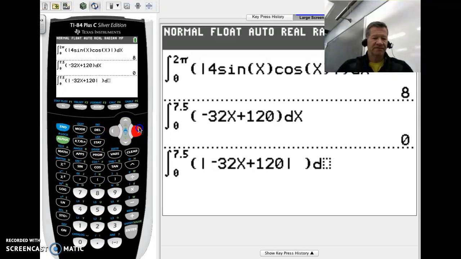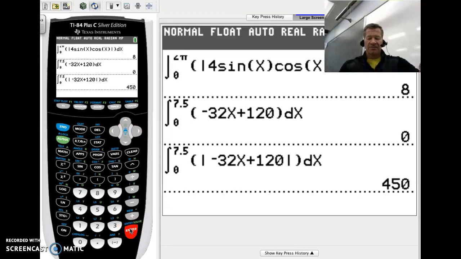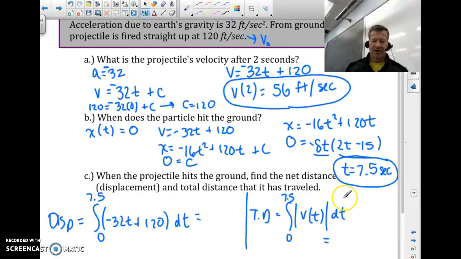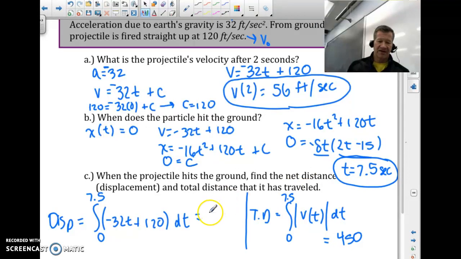So dx. And that should be 450. So that kind of tells us that the particle must go 225 feet on the way up and then 225 feet on the way down. So the displacement is 0 feet and the total distance traveled is 450 feet.